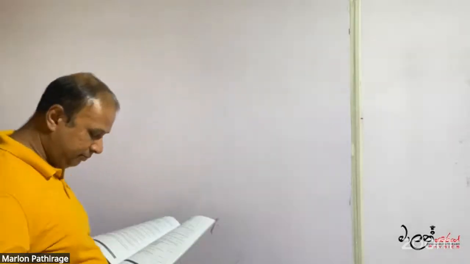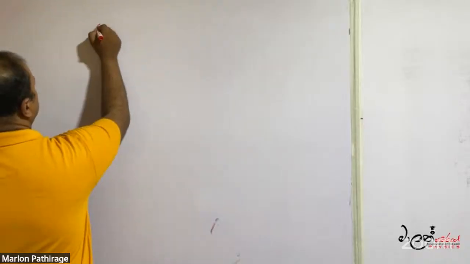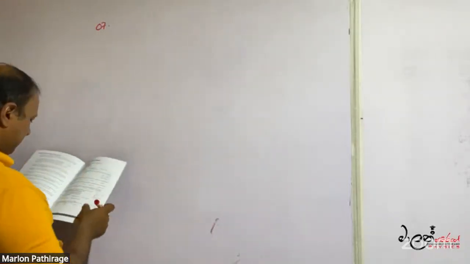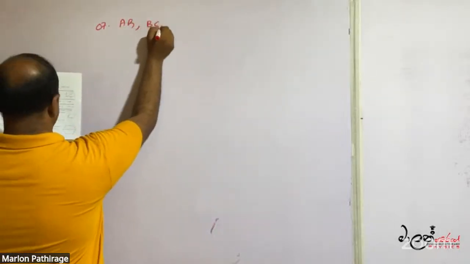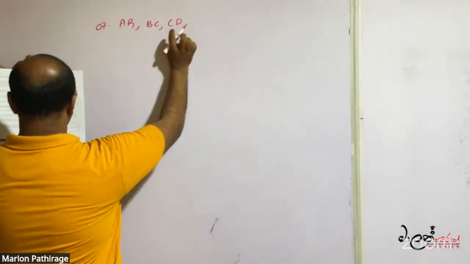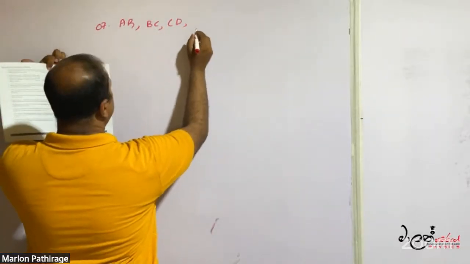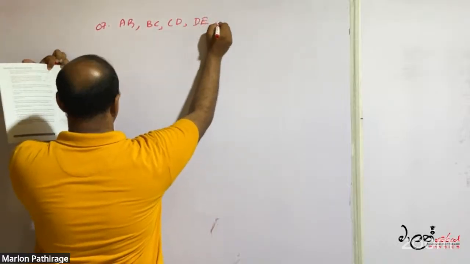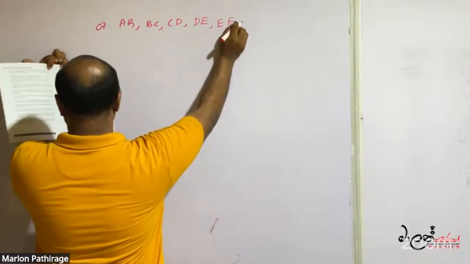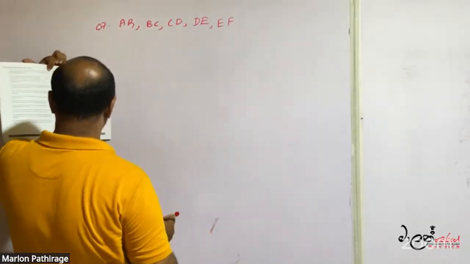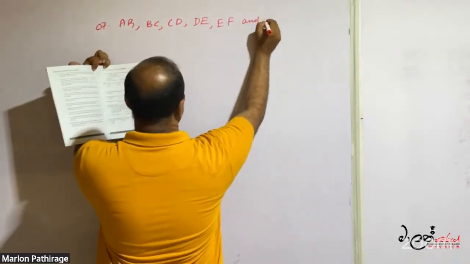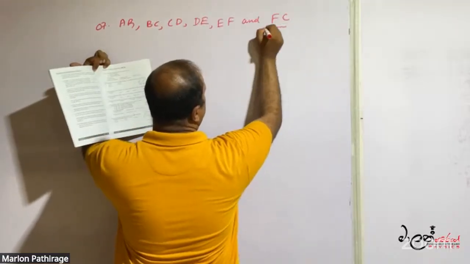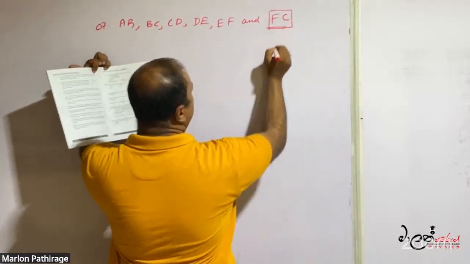In question number 7, six coplanar vectors AB, BC, CD, DE, EF, and FC. The last one should be corrected as FC.